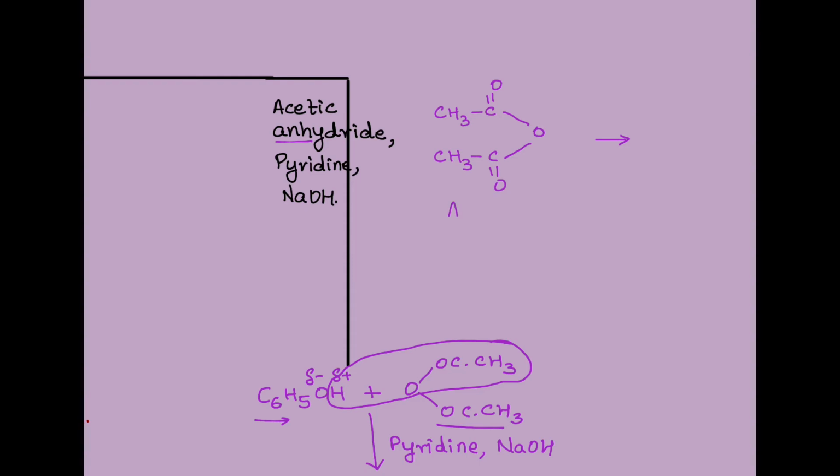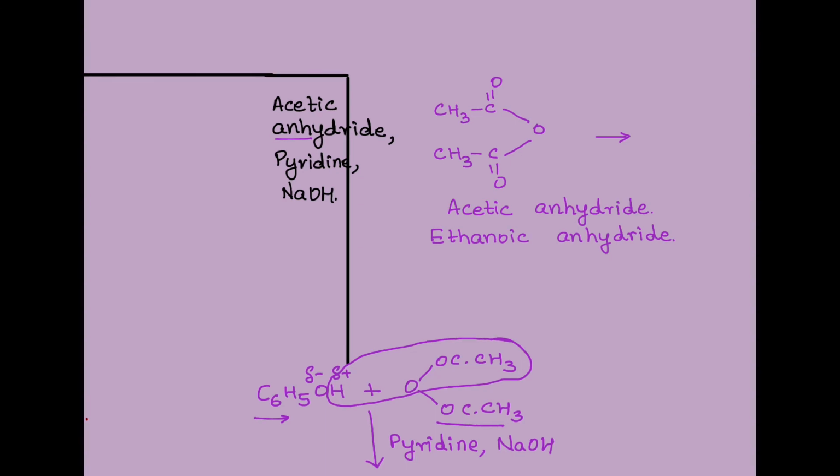It's the anhydride of acetic acid, hence the name acetic anhydride, or it is the anhydride of ethanoic acid also, so you will get to see the name ethanoic anhydride.